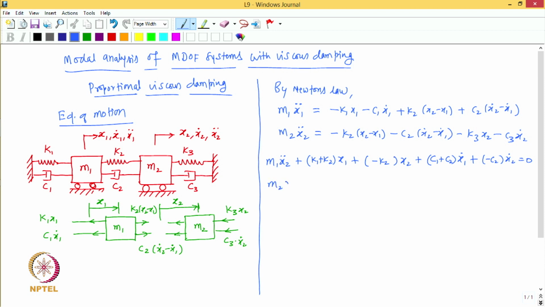We can also do a similar thing for the second equation. I think I have mistakenly written it as x2 double dot, it should be x1 double dot.